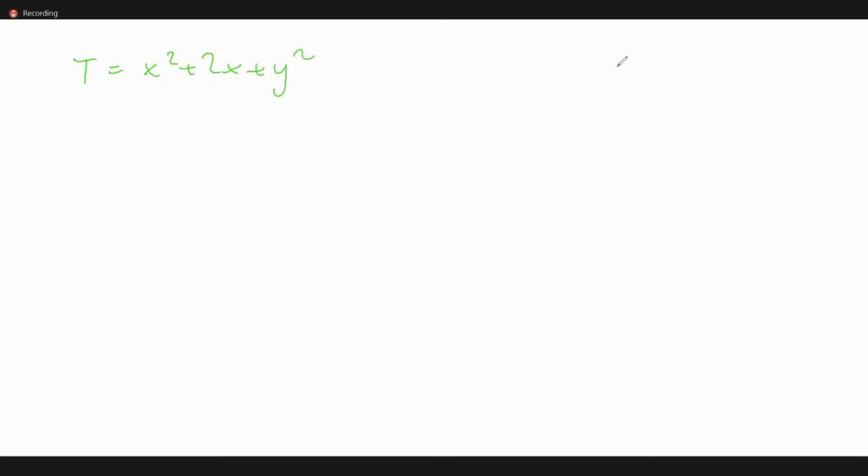And the region is the ellipse defined by the equation x squared plus 4y squared equal to 24. We need to find the maximum and minimum values.